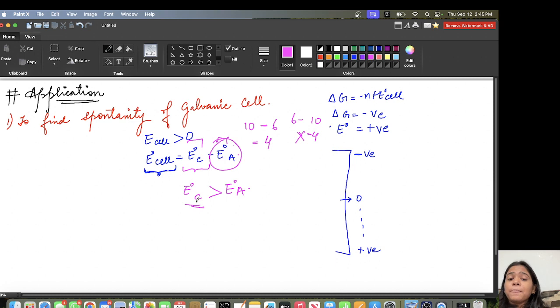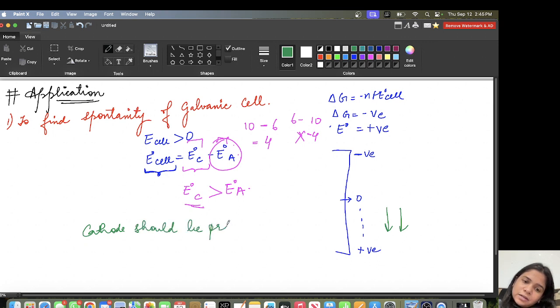What does it mean? The cathode selection will be from that end of the electrochemical series which is more positive. So the cathode should be present downwards in the series, and the anode should be up.